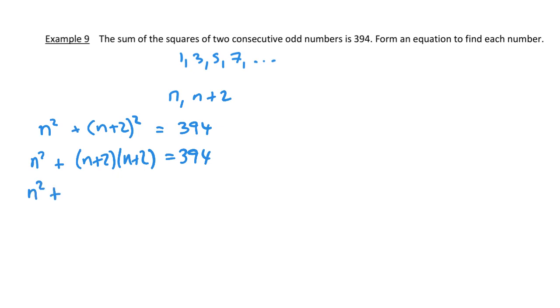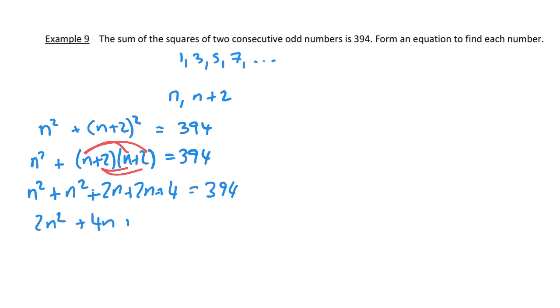So that's n squared plus, expanding out the bracket, n times n is n squared, n times 2 is 2n, 2 times n is 2n, and 2 times 2 is 4. That equals 394. Collecting terms, we get 2n squared plus 4n plus 4 is 394.